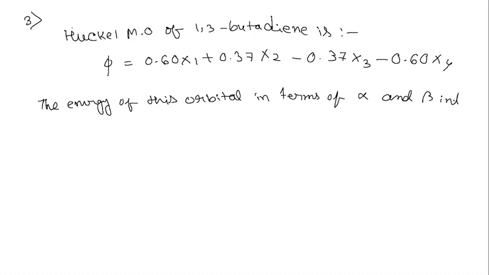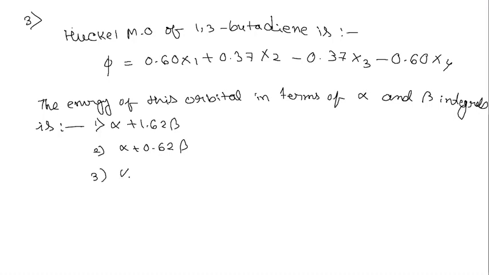I already discussed all these things in great detail. The first option is alpha plus 1.62 beta. Okay, we have to identify what this is.